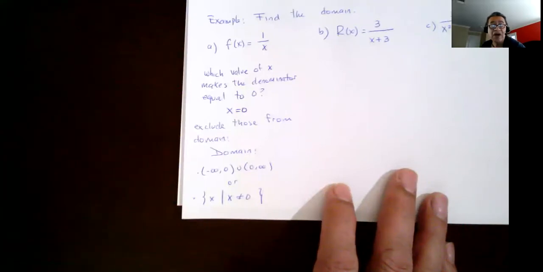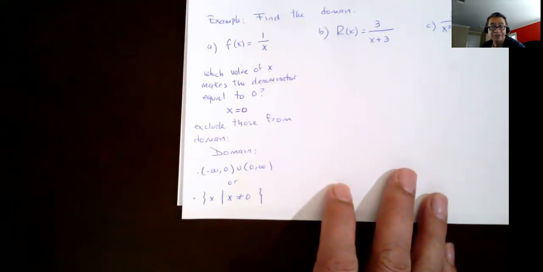So now that we found the values that would make the function undefined, we're going to exclude those values from the domain. So we're going to exclude 0 from the domain. So the answer in interval notation is from negative infinity to 0, and we're going to exclude the 0 by using the union, and from 0 to infinity.